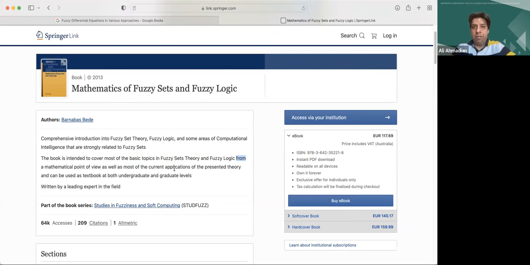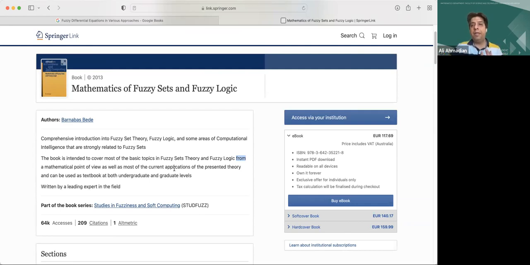If you are a senior undergraduate student, or a junior postgraduate student who wants to work on fuzzy, not only for the master's but also the PhD, these give you very comprehensive, detailed, and useful information on fuzzy sets and fuzzy differential equations.